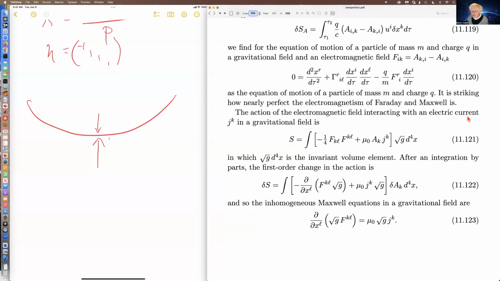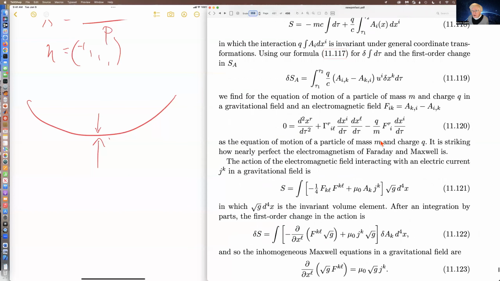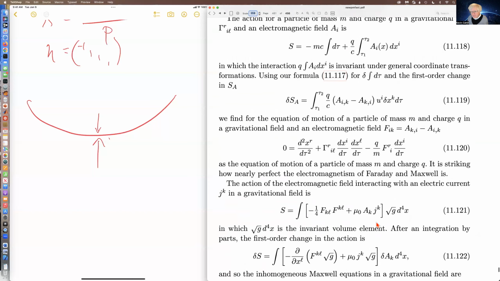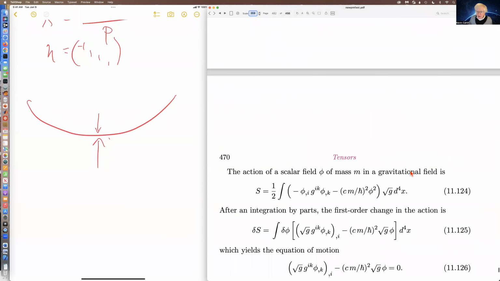The action of an electromagnetic field interacting with an electric current is similar to this. It's Q dxi, which is basically the current, so it's AK JK, and one then derives from that the inhomogeneous Maxwell equations.